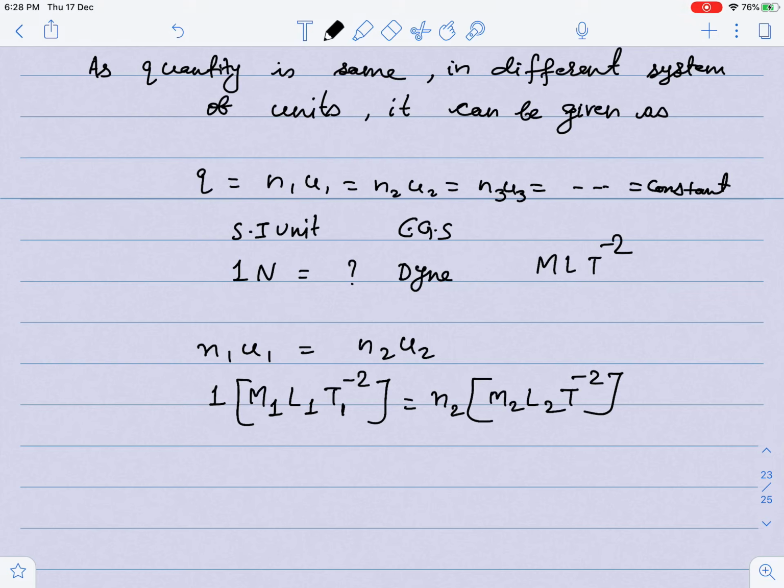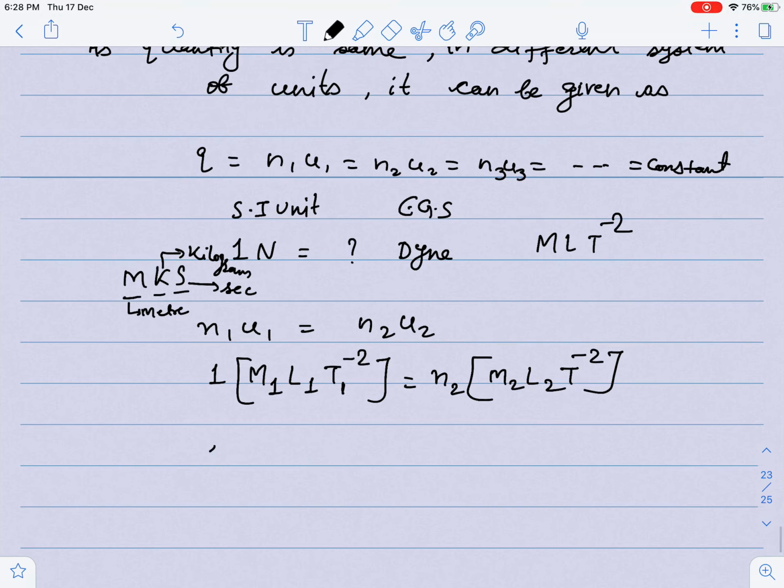Now I know that this SI unit is basically the MKS unit. What is the meaning of MKS? M stands for meter, K stands for kilogram, and S stands for second.